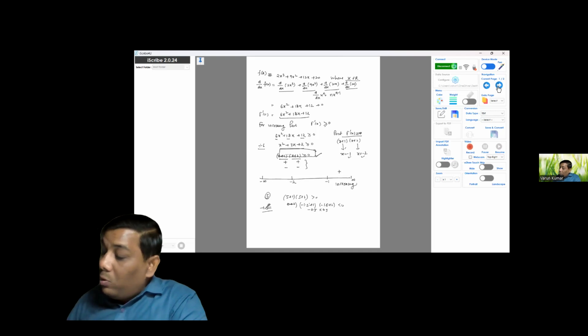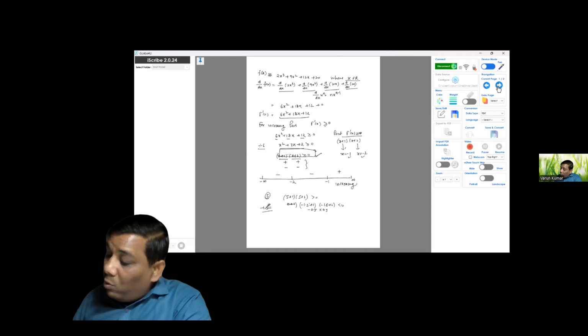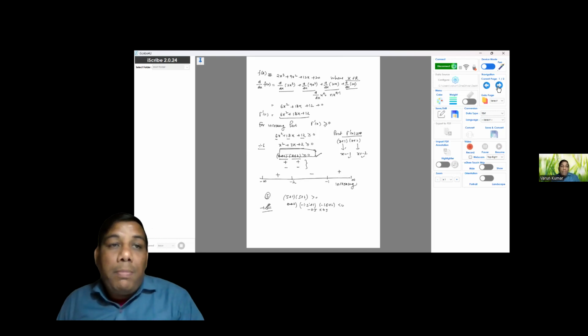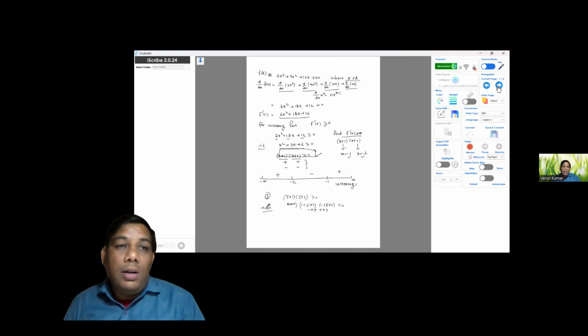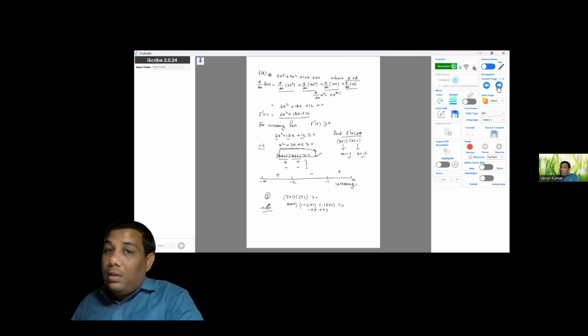Now it will become negative. Similarly, we take another value, and here it will come positive. The positive part we always consider as the increasing interval and the negative part as the decreasing interval.